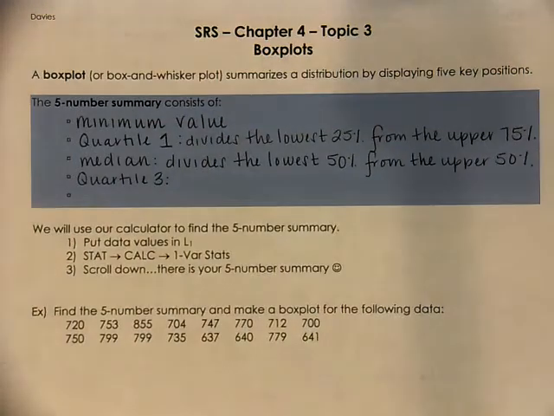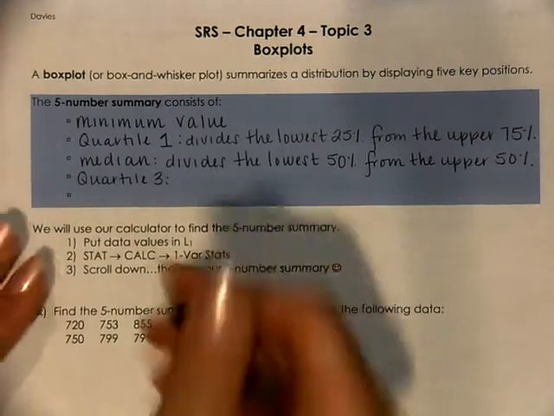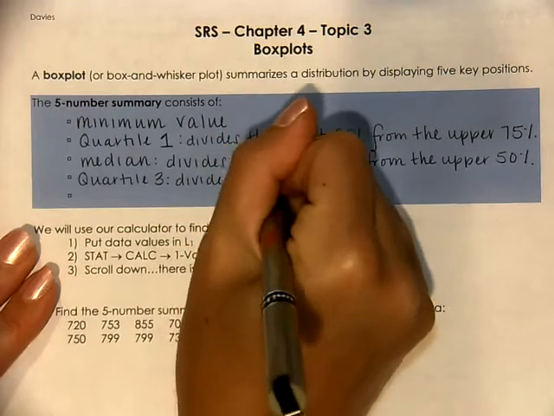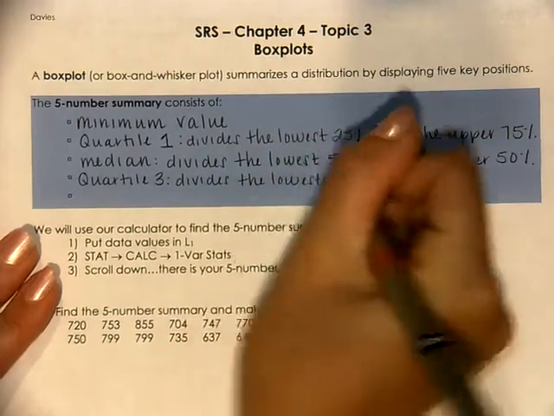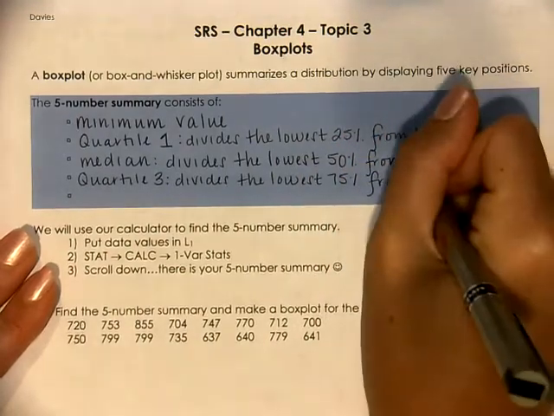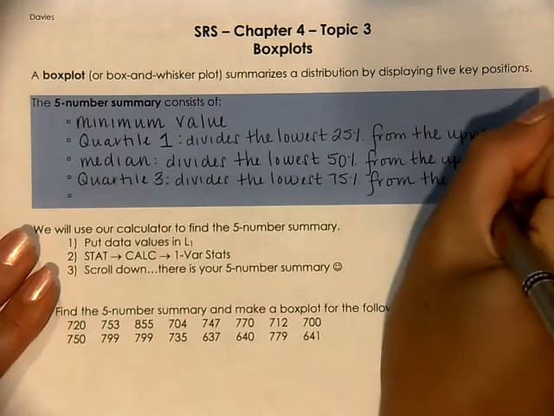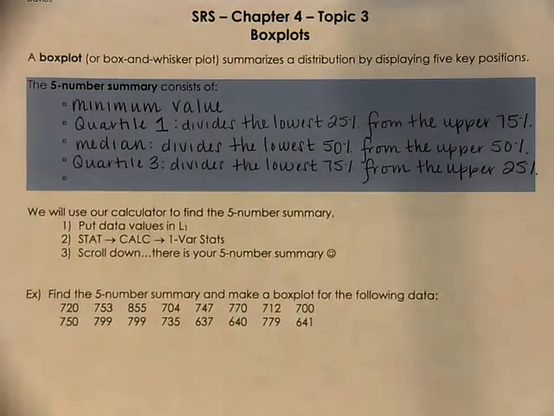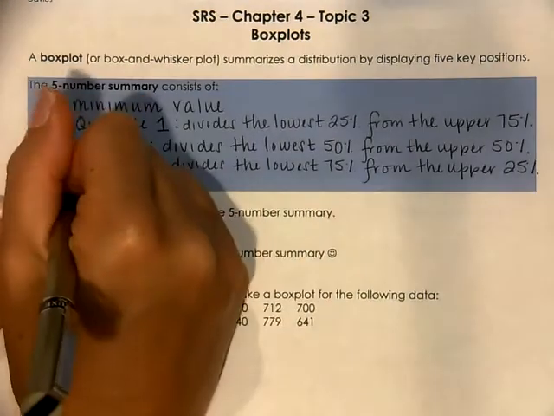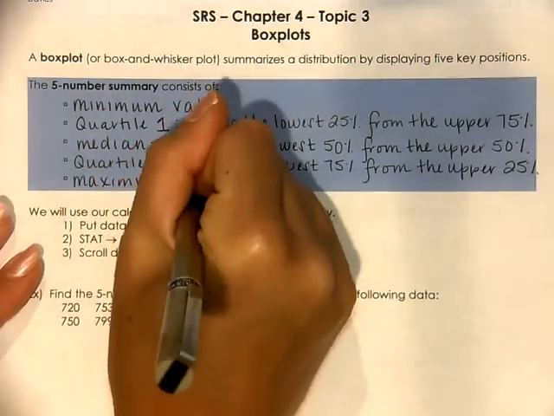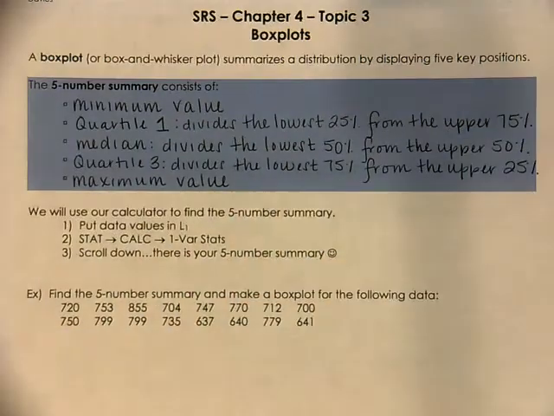And maybe you can start to see the pattern here. Quartile 3 divides the lowest 75% from the upper 25%. And finally, our last number is the highest value in the data set, which is our maximum value. Okay?